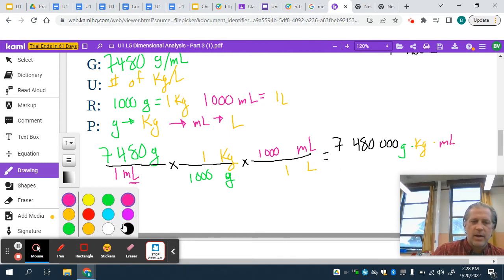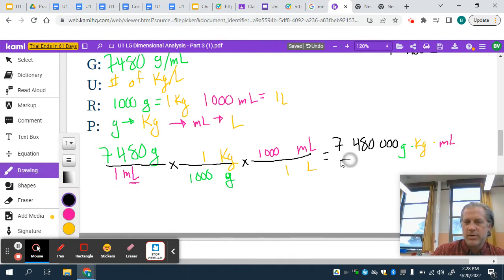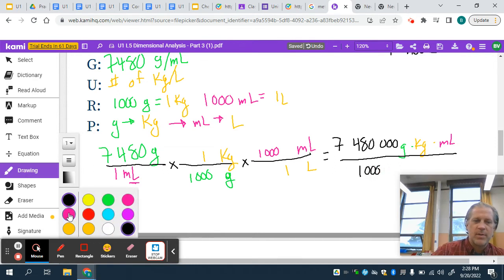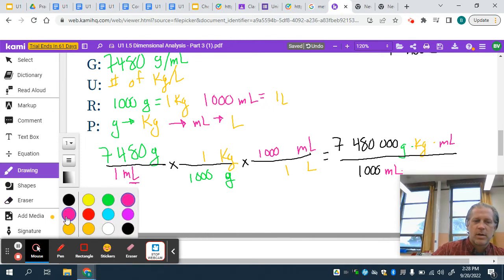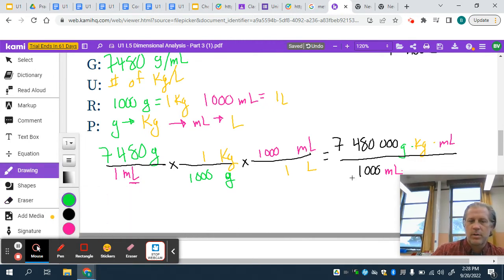And then I'm going to make this a fraction by drawing a line underneath it. And then I'm going to multiply 1 times 1,000 times 1,000, and I'm going to get 1,000. And my unit this time around is going to be milliliters, grams, and liters.